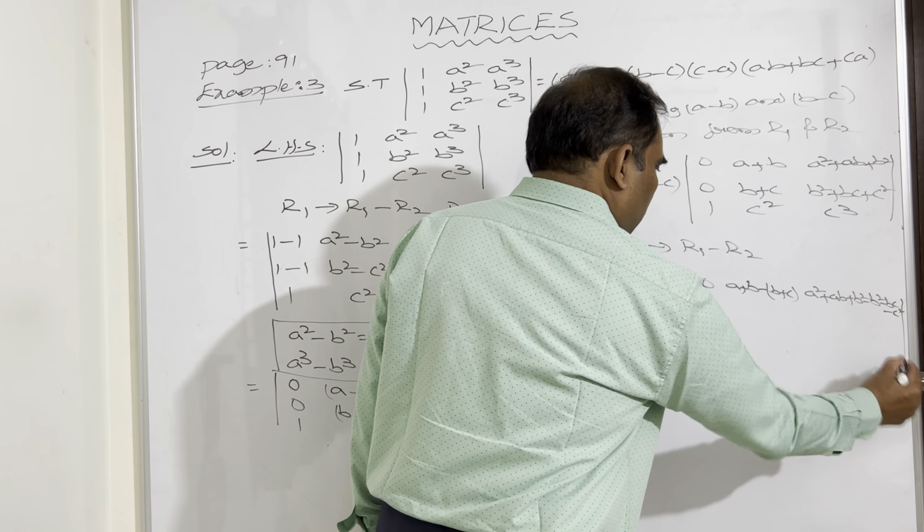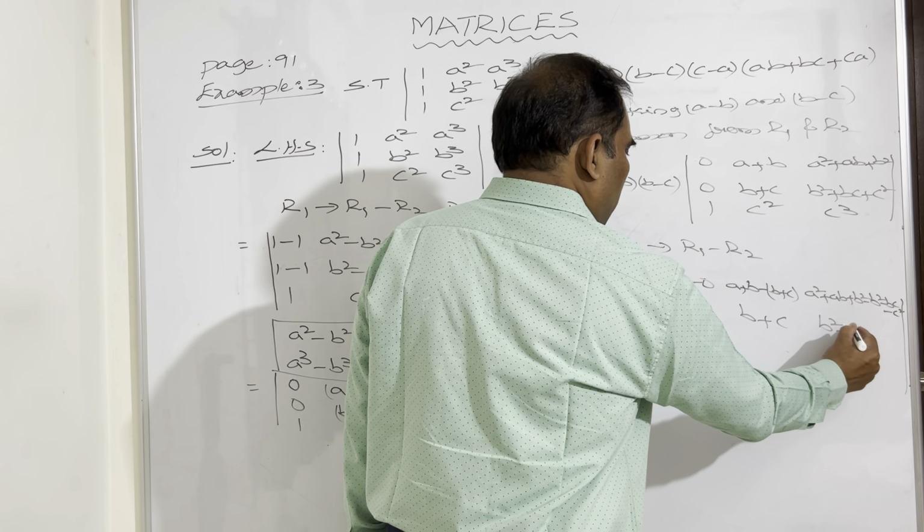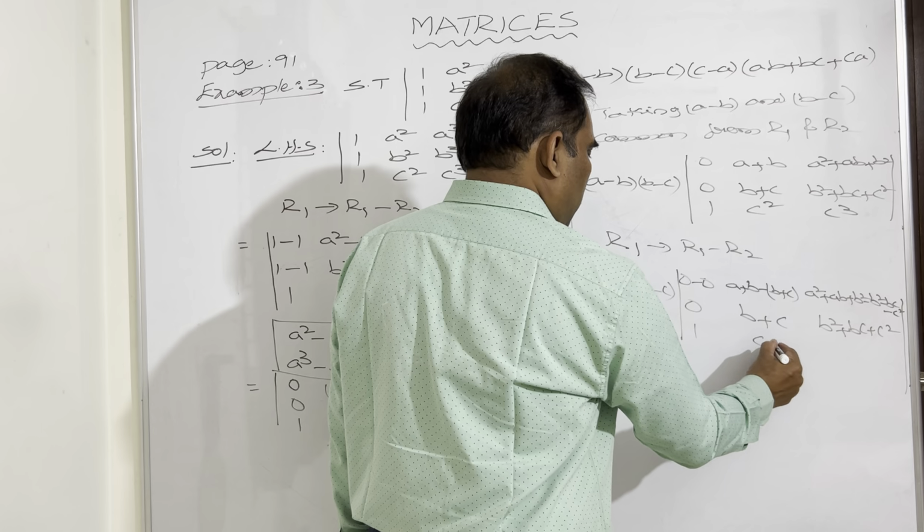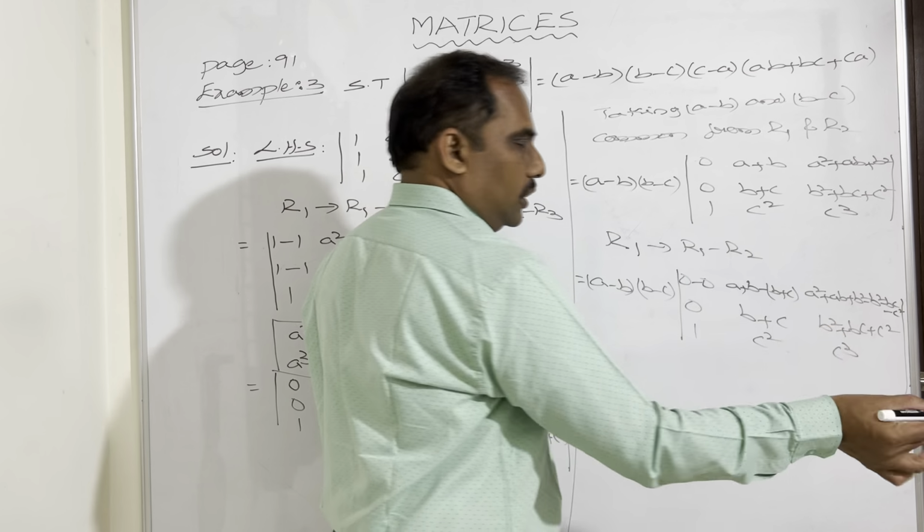The second row is written as it is: 0, b plus c, b square plus bc plus c square. And the third row is also written as it is: 1, c square, c cube.